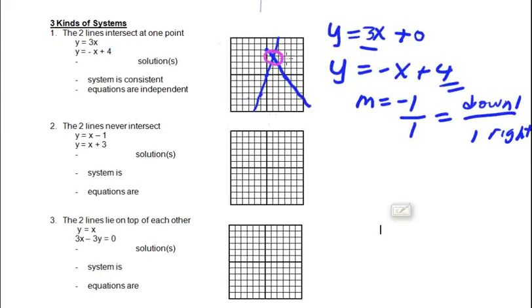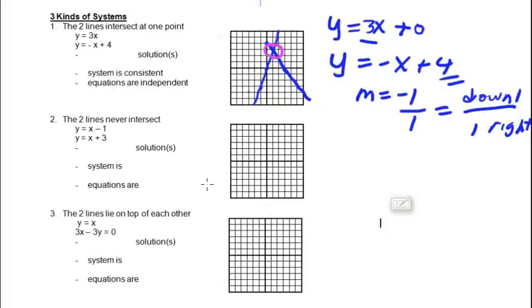We see here a single point of intersection, and if we were to assign coordinates to that point, those coordinates would be 1 unit in the x direction. So we'll make the ordered pair 1, and if we count up, it's 3 units in the y direction.